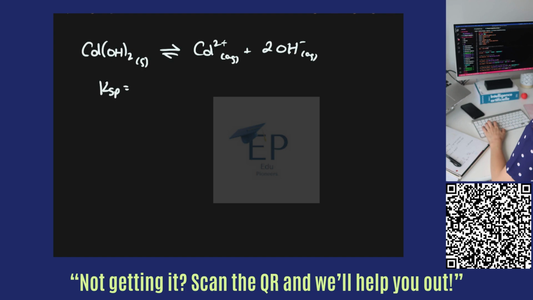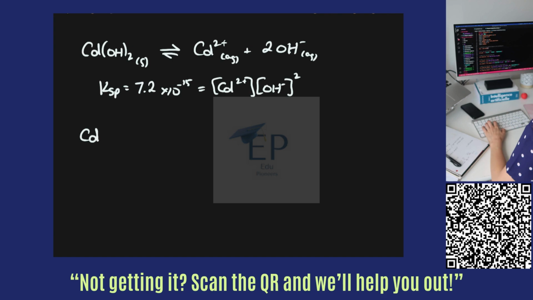We can look up the Ksp for this, and we find that it's equal to 7.2 times 10 to the negative 15. And this is equal to [Cd2+][OH-] squared.